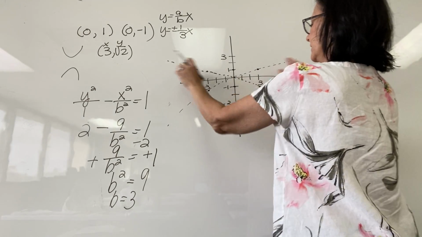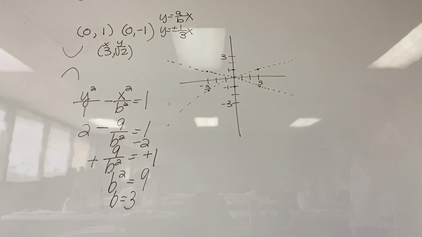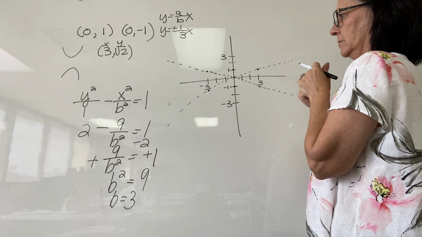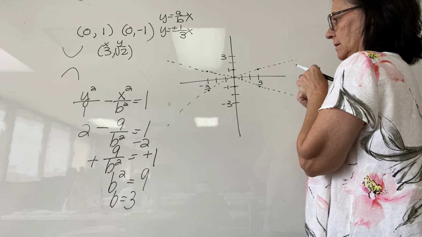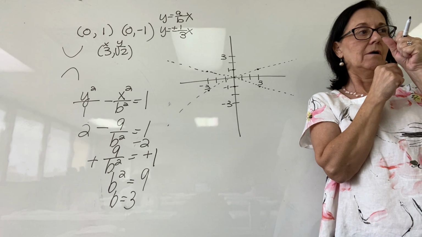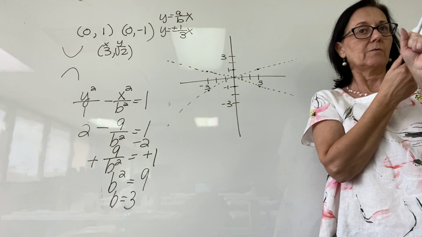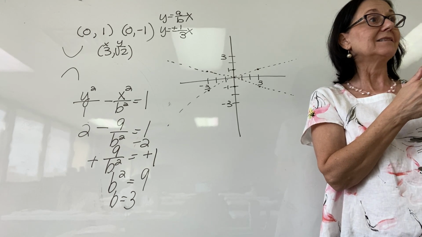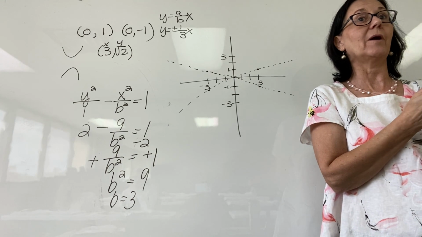Actually, it's going to be a very wide one. I was thinking the vertices were on the x-axis, but they're not. All right, and what is my C value? What's my C value? Square root of A squared minus B squared. Plus, which is what?